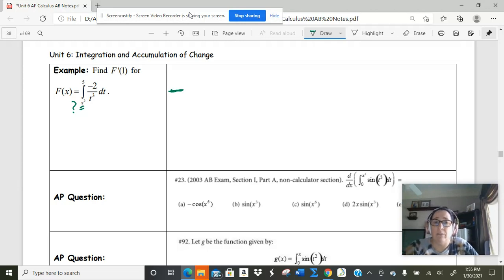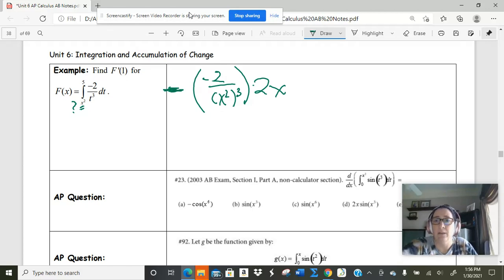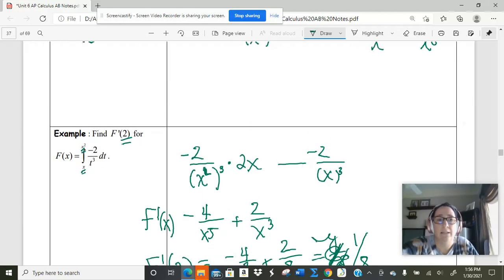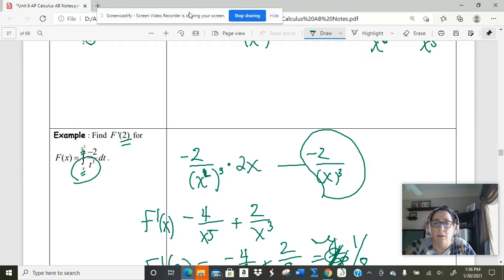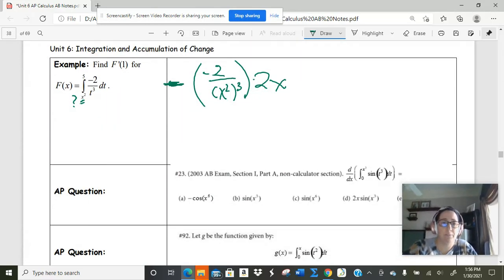So this bottom bound, I'm going to have a negative out in front when I go to plug it in, and then times the chain rule. So if it's only in the bottom, then there's a minus out in front. Just like that second piece, on this one, this was just the bottom part, but I had a minus out in front. Same thing. We just don't have the first part.